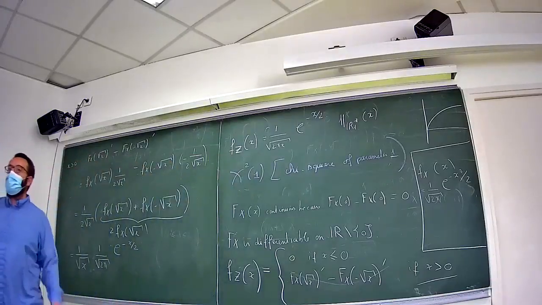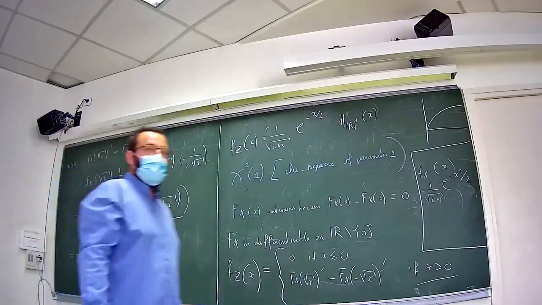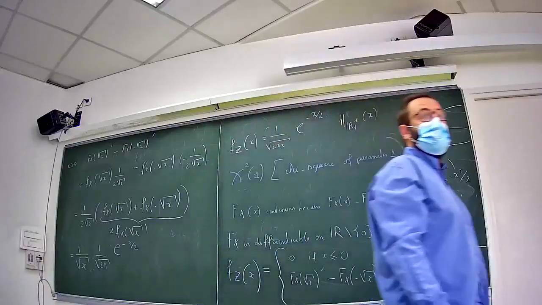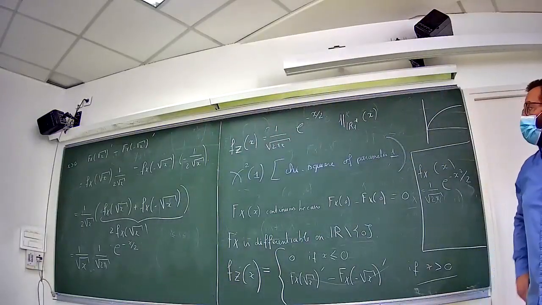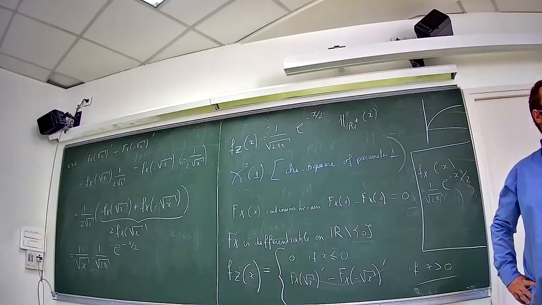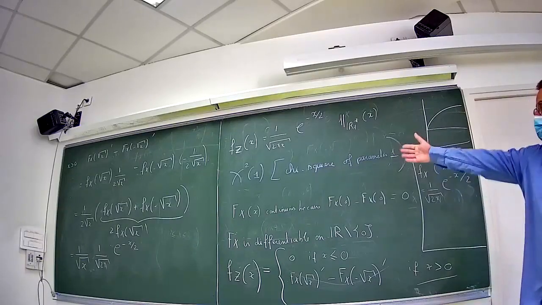The definition I can give of a chi square of parameter 1 is the square of a N(0,1). What I call the chi square of parameter 1 is the square of a Gaussian distribution. It's just the name.